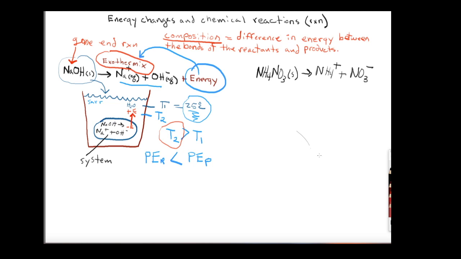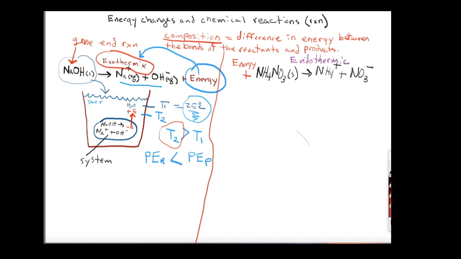And if we were going to write the energy for this one, we would have to put it over here on the reactant side. I'm going to squeeze it in here. So it's going to be energy plus the ammonium nitrate. Let me just put a line straight down through this so we can keep things straight here. So this is what we're going to call an endothermic reaction.